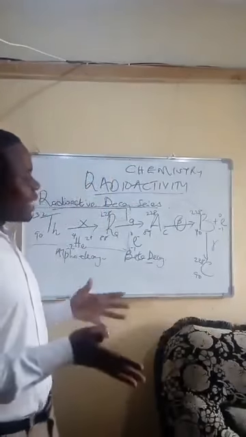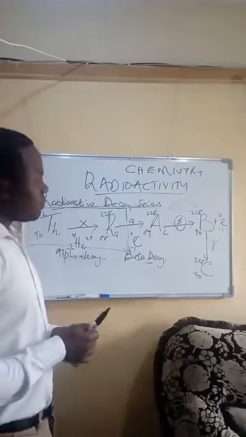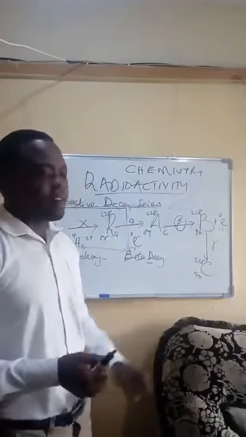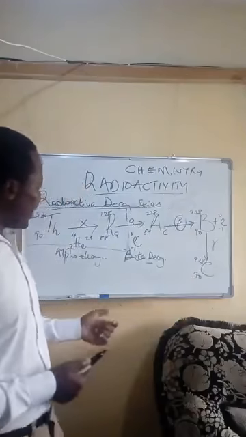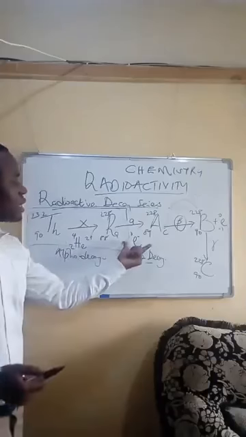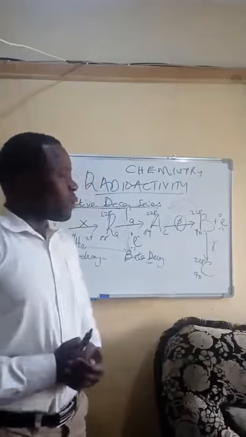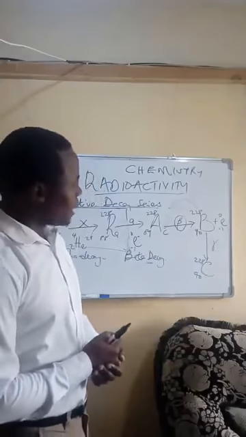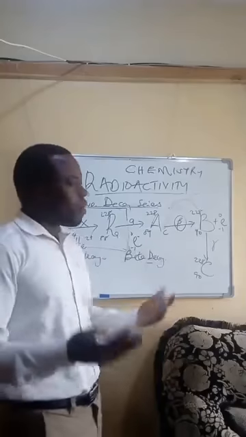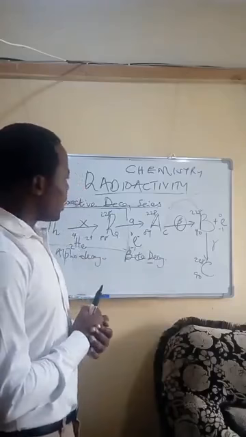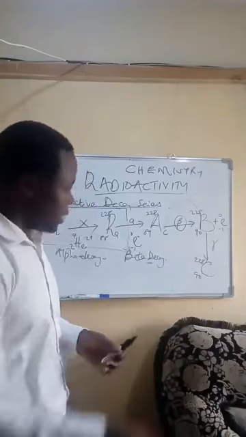It is just energy without particles, and therefore we do not have mass numbers, we do not have atomic numbers like in the case of alpha and in the case of beta. Instead, it is just radiation without any particles. And this series could continue on and on and on until we get a more stable isotope.